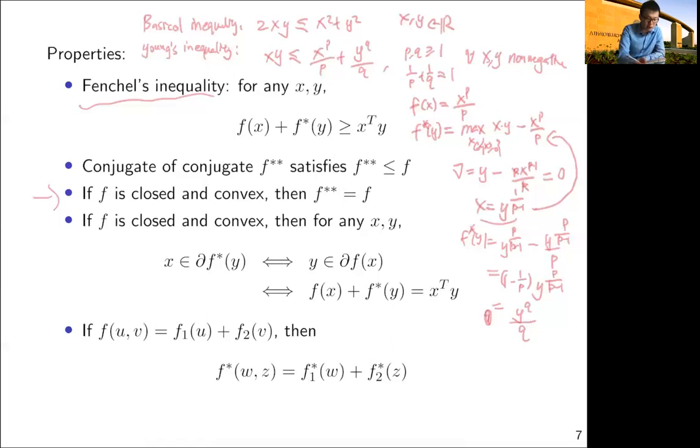Okay, so there are more interesting properties of the conjugate functions, and specifically, it is closely related to the subdifferential. If f is convex and closed, then x is in the subdifferential of its conjugate function at y, which is equivalent to saying that y is in the subdifferential of the function f at x.